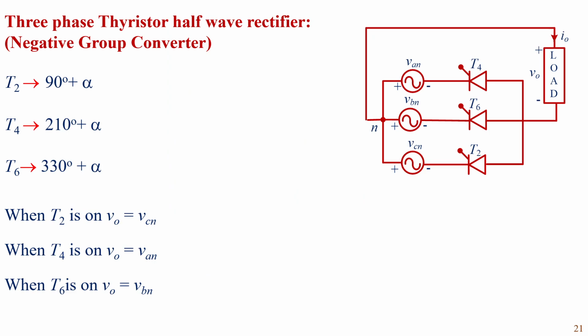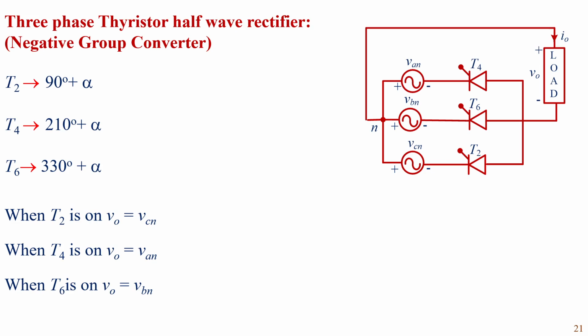This is another thyristor half converter, which is turned on in the negative half cycle of input voltage. So it is called a negative group converter. T2 is connected in phase C, T4 in phase A, and T6 in phase B. Each thyristor is turned on when the respective phase voltage is more negative.